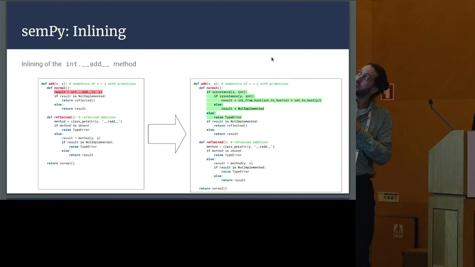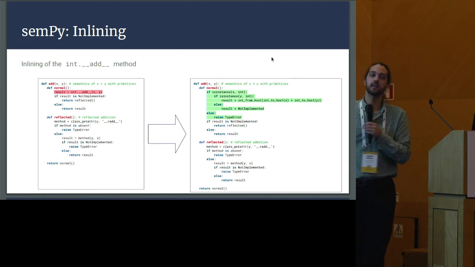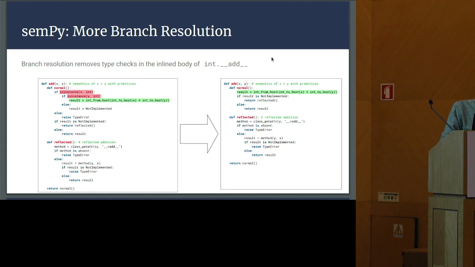And on the right here, you see what we've seen earlier, that the add method with the type check on x and y, checking they are int, and then unboxing them, then adding them. But in the context where we know that x and y are integers, we can also remove those type checks on the left, and we end up with that result is equal to the boxing, unboxing, addition, and then boxing back.